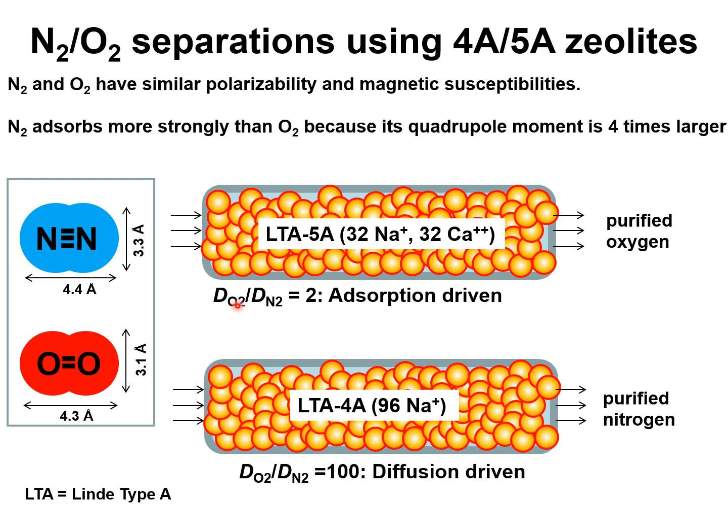The ratio of the diffusivity of oxygen to nitrogen is 2 because oxygen has a smaller cross-sectional dimension.